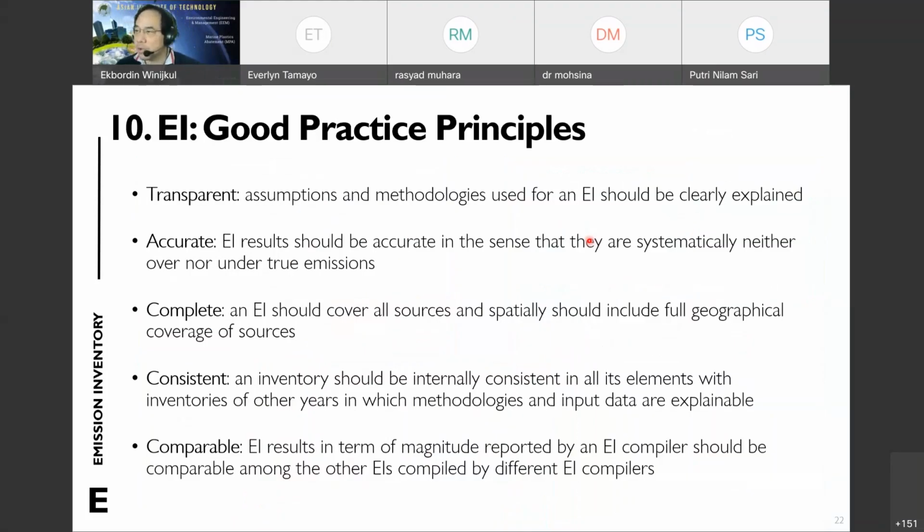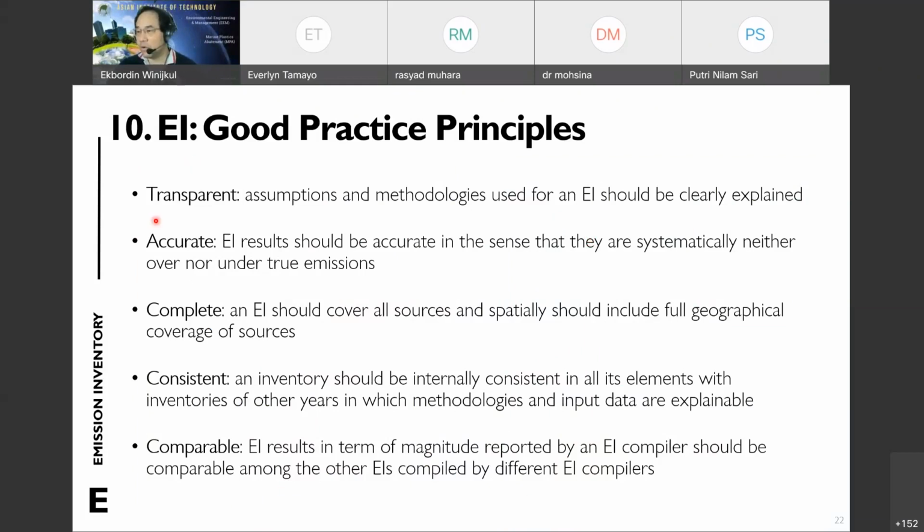Okay, so when we talk about good practice principles for emission inventory, it needs to be transparent, meaning that all of the assumptions and also all of the methodology that you use in developing the emission inventory need to be identified and explained, maybe in a subsection of the emission inventory. And the emission inventory needs to be accurate, right?